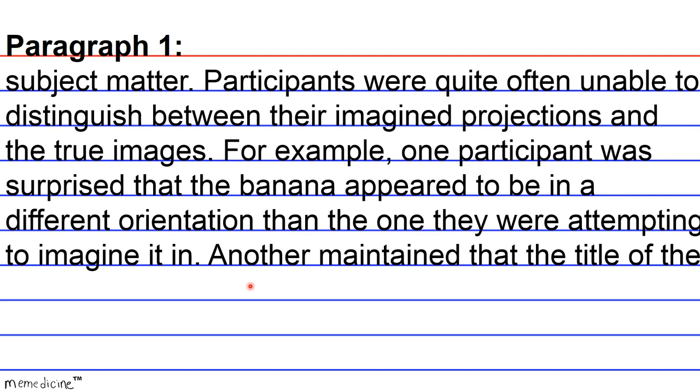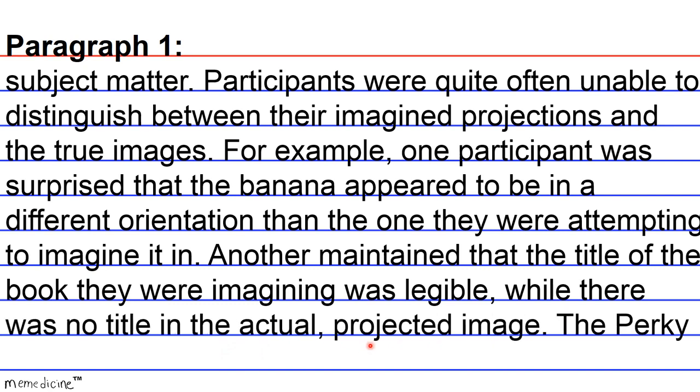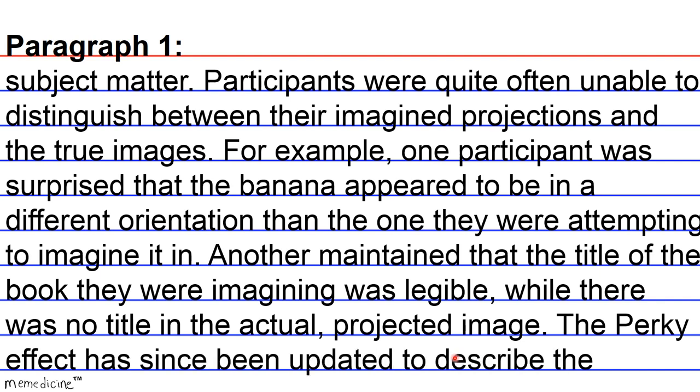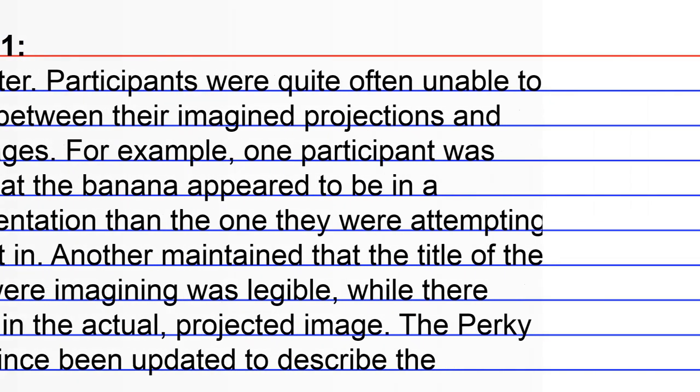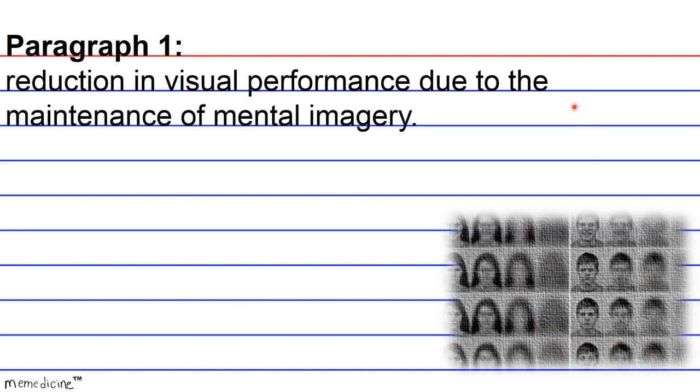Another maintained that the title of the book they were imagining was legible, while there was no title in the actual projected image. The Perky effect has since been updated to describe the reduction in visual performance, like here, see the gradual reduction, due to the maintenance of a mental imagery.